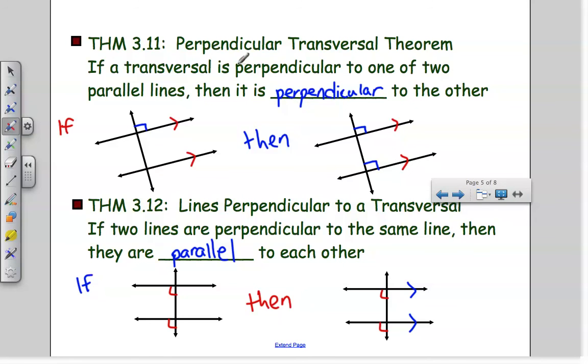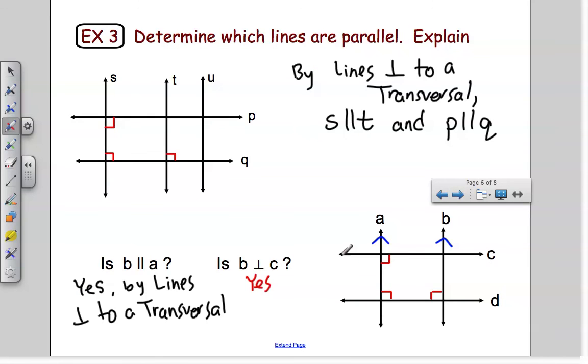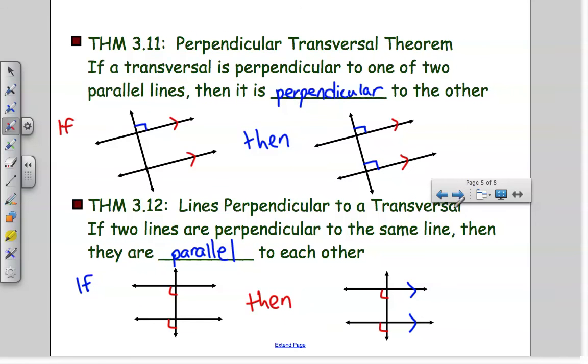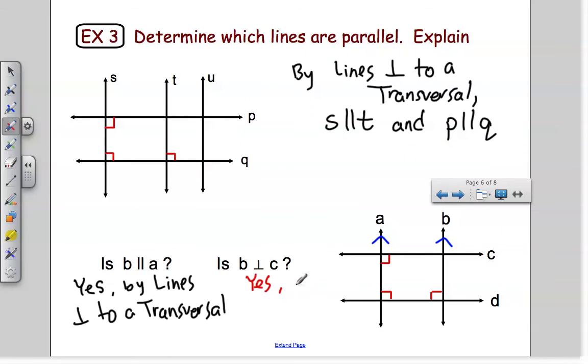If a transversal is perpendicular to one of two parallel lines, it is perpendicular to the other. Check it out. We have a transversal perpendicular to one of these two parallel lines, therefore it has to be perpendicular to the other. This was called the perpendicular transversal theorem.